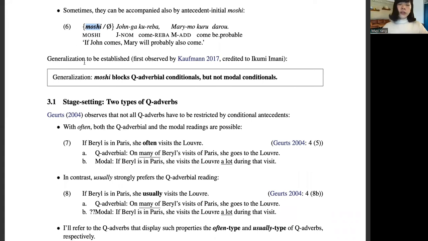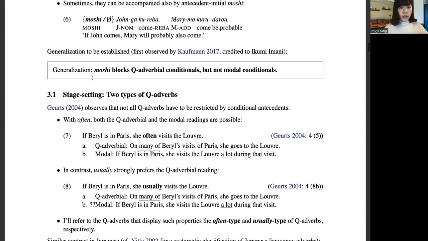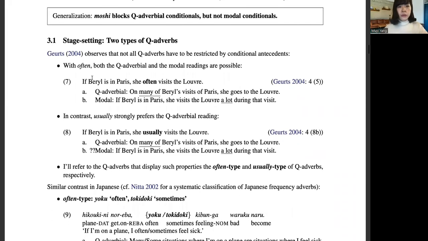So in the rest of this section, I would like to establish the following generalization, namely that moshi blocks Q adverbial conditionals, but it does not block modal conditionals. In order to do so, I'm going to draw on 2 distinct types of Q adverbs. So before I show you my observations, let me first show you the distinction between the 2 types of Q adverbs.